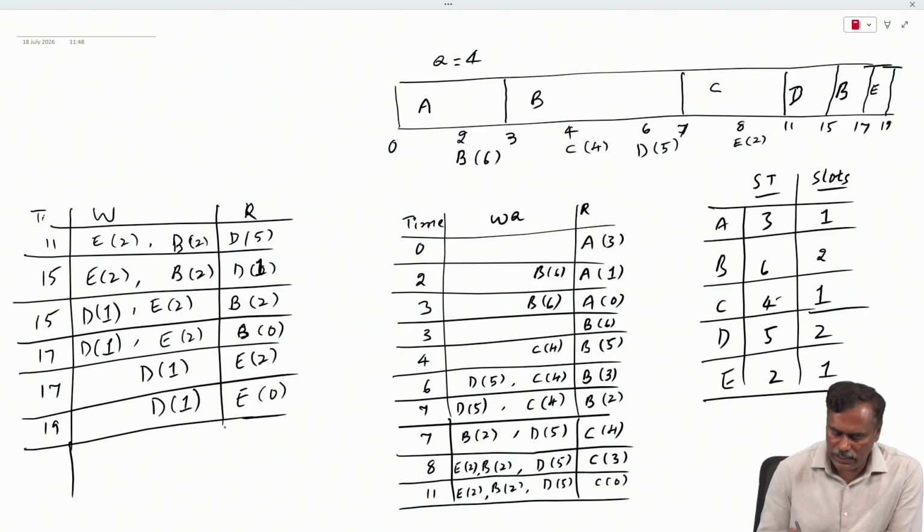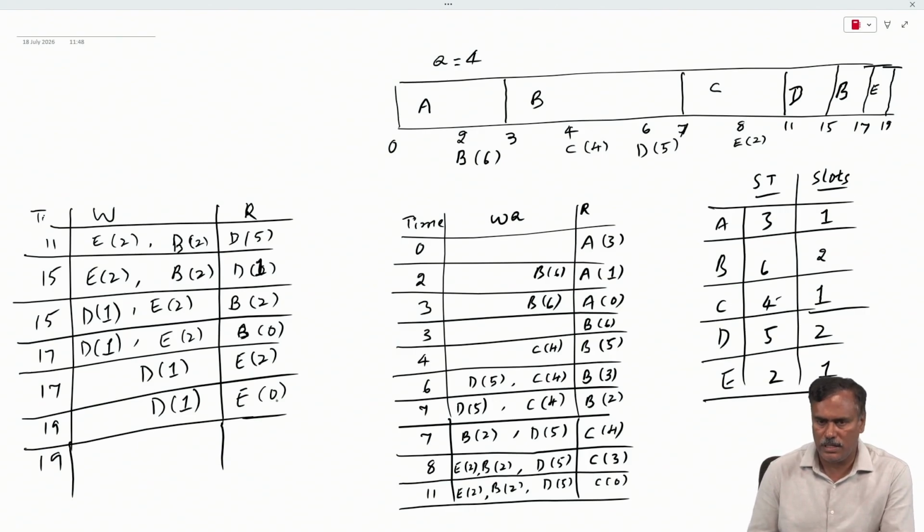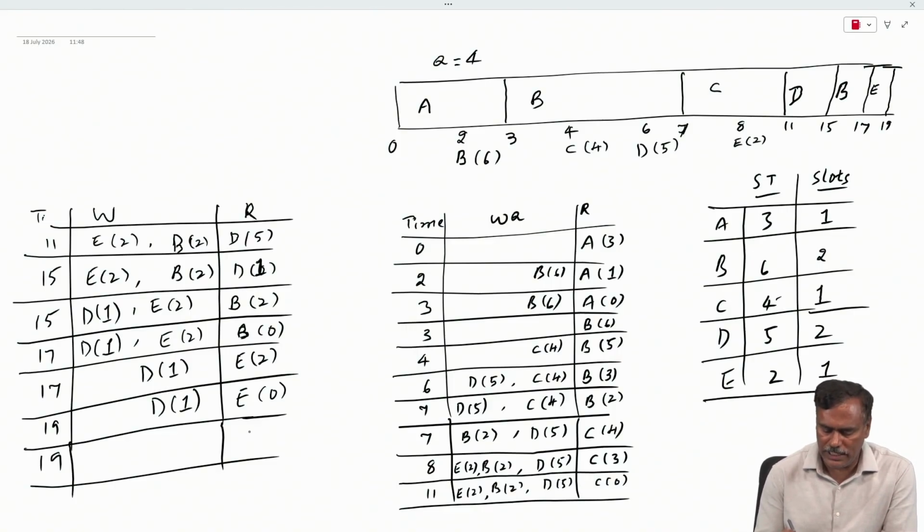So at the 19th interval of time, E has finished, so you are not going to add it at the back of the queue, and you are going to take for execution the process in the queue which is ready to be executed.